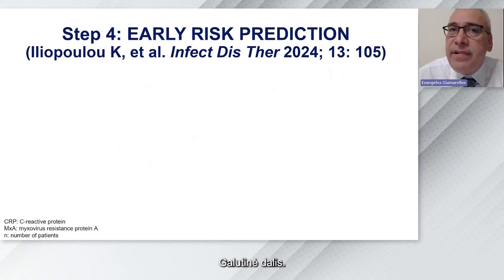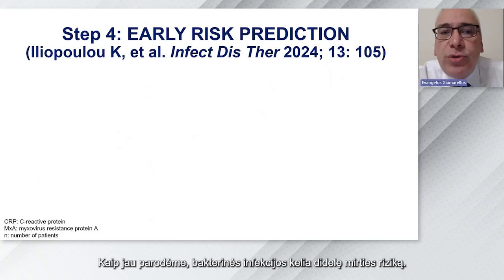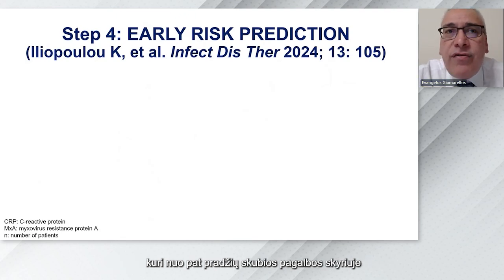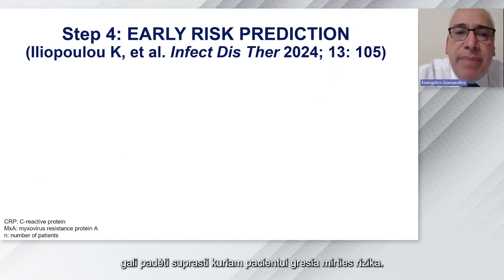Finally, as we have already shown, bacterial infections bring a high risk of death. So, can we identify the cutoff of our MXA CRP tool, which can tell from the very beginning, from the emergency department, which patient is at early risk of death?